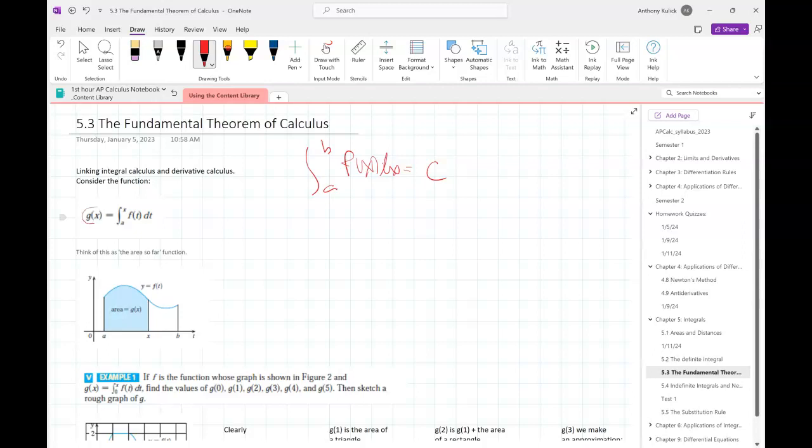So here we say g of x is equal to the integral from a to x of f of t dt. So this is like the area under f of t starting at a so far. When x is 1, we're going from a to 1. When x is 2, it's going from a to 2. When x is 5, it goes from a to 5. So these are going to be a function now, right? Because there's a variable assigned to how far under the curve we're going to be considering.